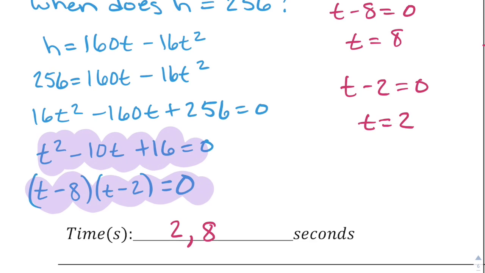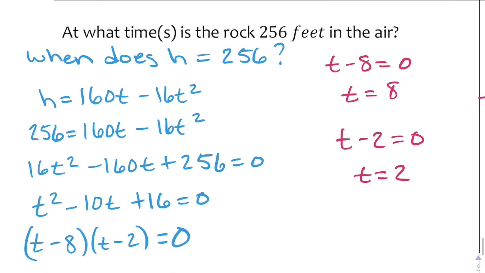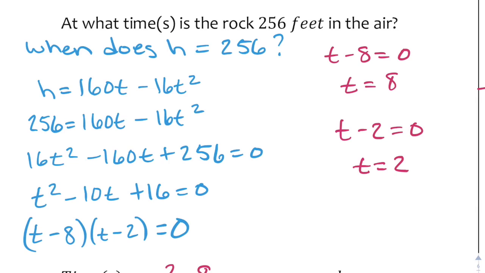Factor and solve for when those are zeros at 2 and 8. Because this is a nice, perfect problem where a rock is not influenced by anything like friction or any other variables, you get a nice 2 and 8. 2 seconds after it launched, 2 seconds before it hits the ground.